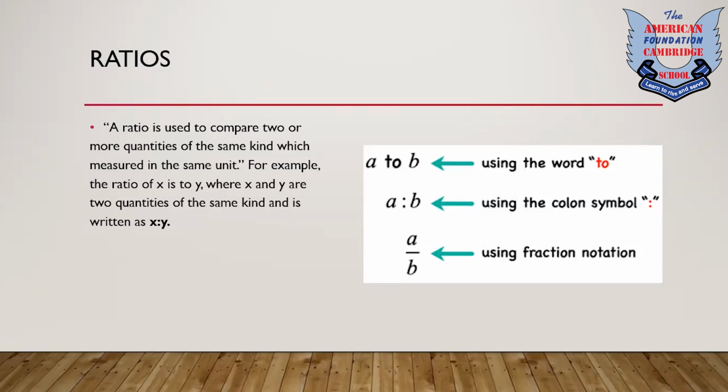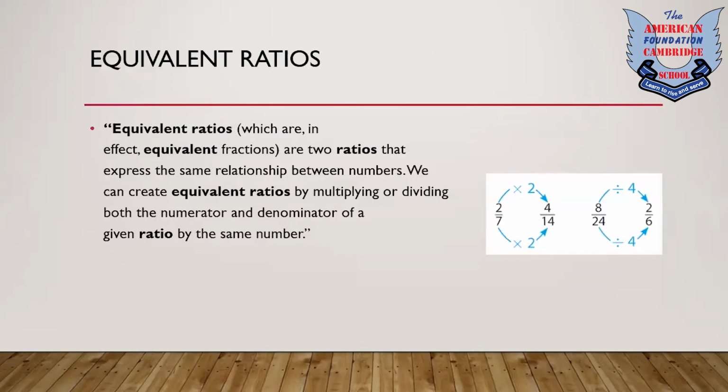Okay, moving on. Equivalent ratios. What are equivalent ratios? Equivalent ratios are two ratios that express the same relationship between numbers. We can create equivalent ratios by multiplying or dividing both the numerator and the denominator of a given ratio by the same number. That means, for example, 2/7 is the equivalent ratio of 4/14.